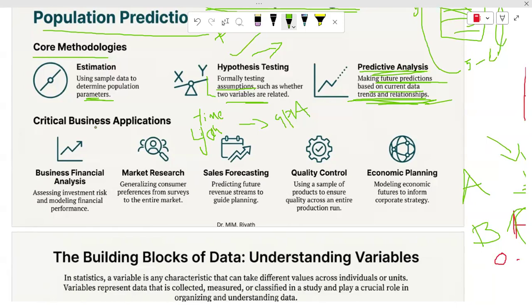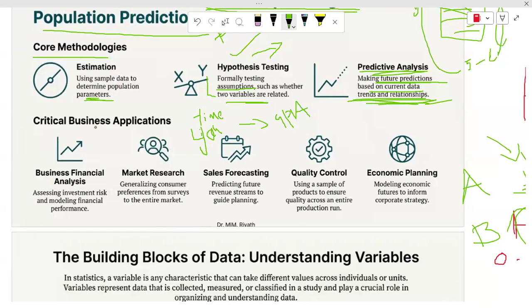Some risky ones may give you a loss. Then how do you find out which company's stocks will give you more profit, more return, and which are risky? Those kinds of things you have to analyze. You have to choose the stocks which give you high return, and avoid the stocks which will make you lose. For that, you need this kind of analysis.